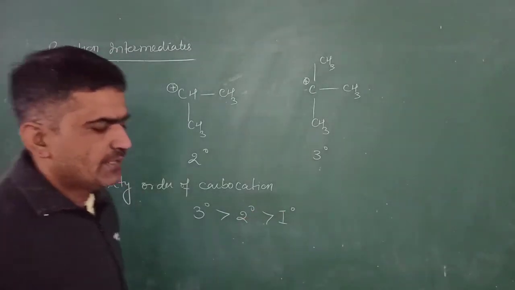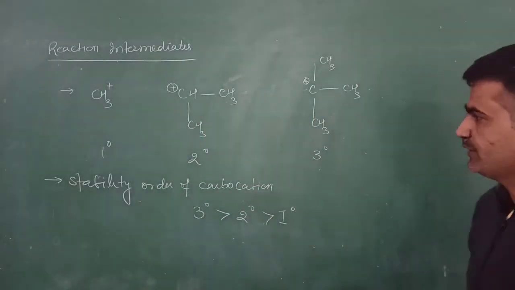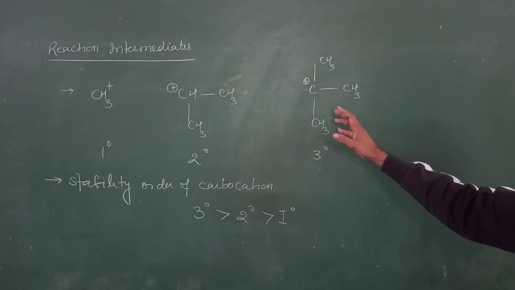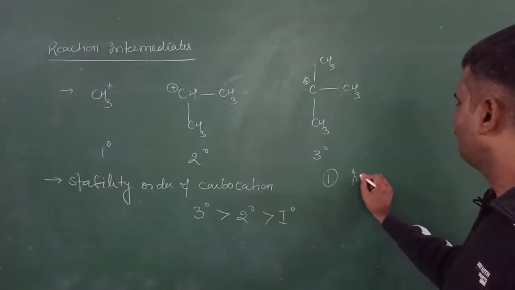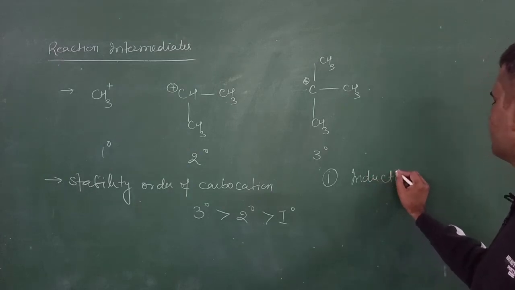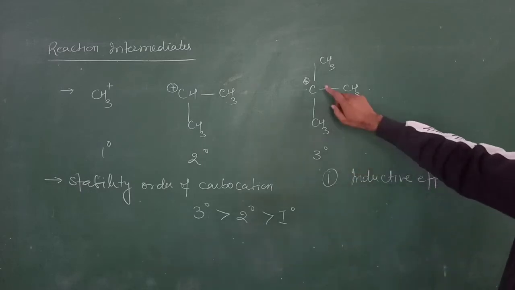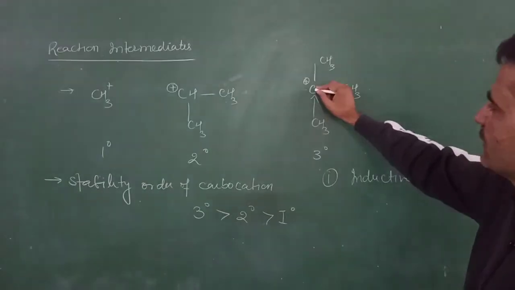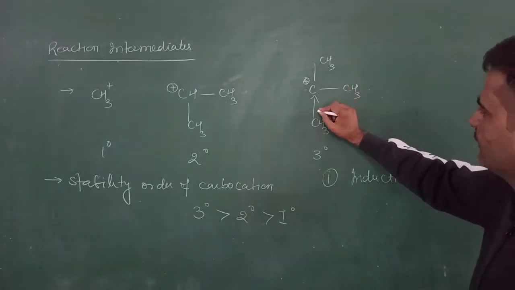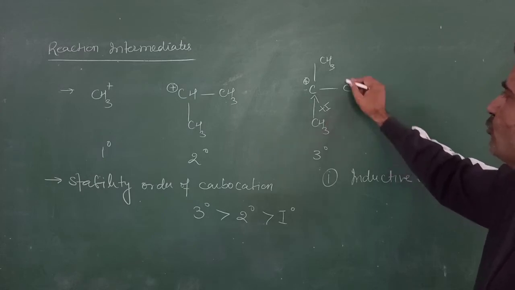On what basis can we explain the stability of the carbocation? First, we can explain the stability of a carbocation on the basis of the inductive effect. These are the methyl groups, and they donate electrons to this positively charged carbon atom, and show a plus I inductive effect. How many alkyl groups are there? 1, 2, 3.